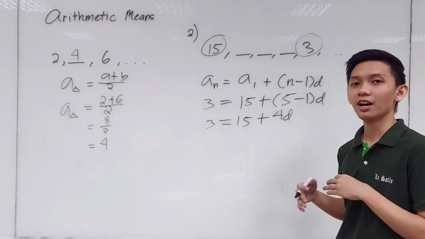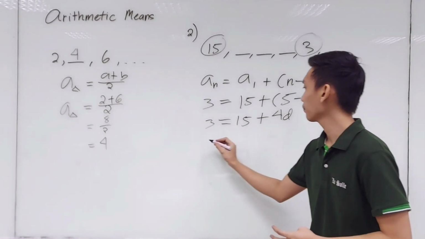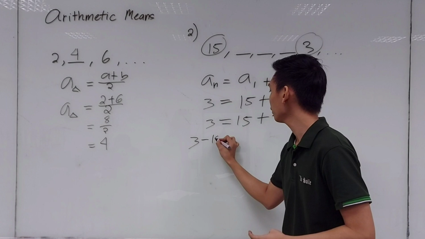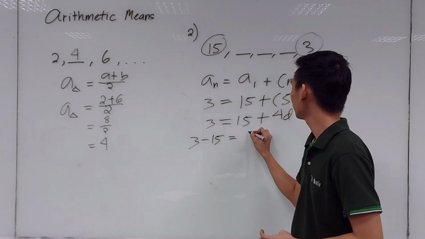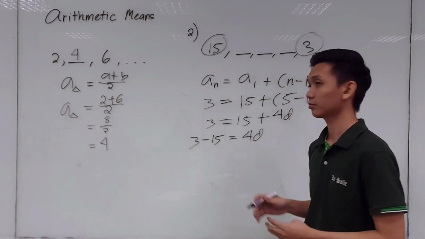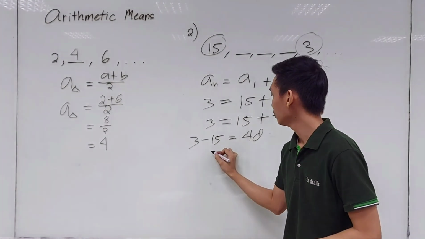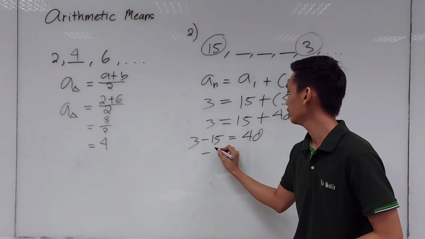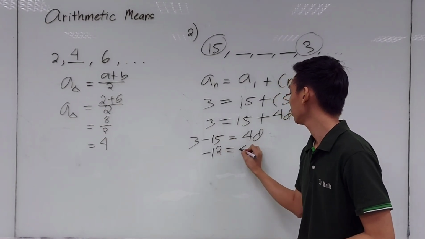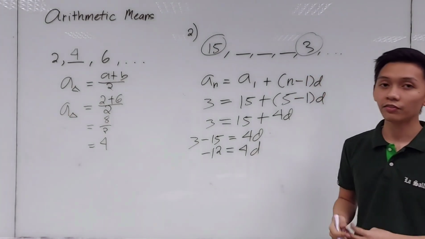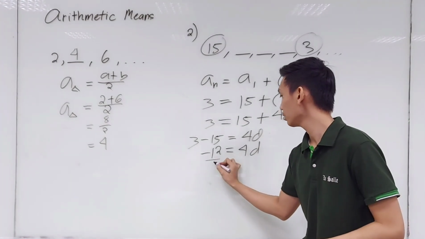We use the addition property of equality. 3 minus 15 equals 4D. Simplify, we have negative 12 equals 4D. Divide both sides by 4.